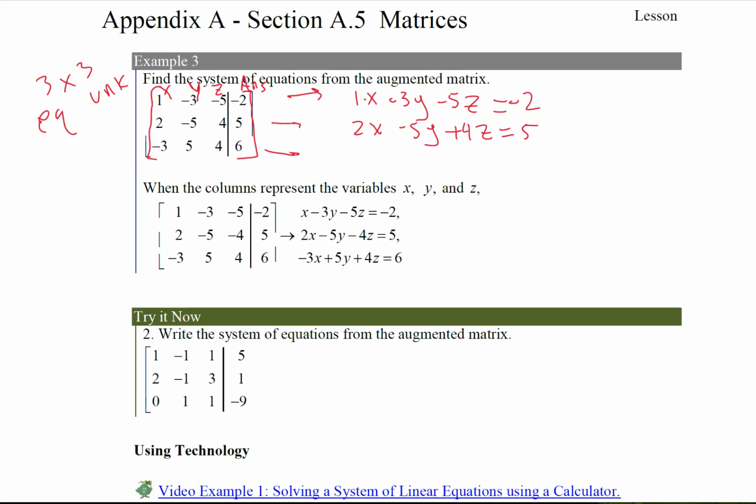And last equation, -3x plus 5y plus 4z equals 6. And you can kind of compare. They did the work for us. But I want you to pause again and create the equations for this next system.